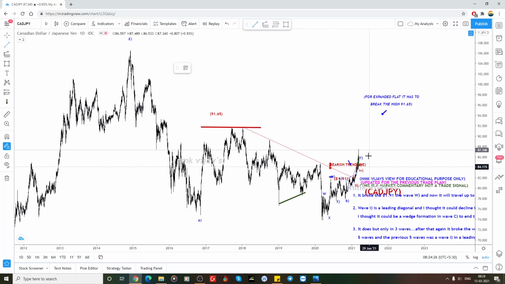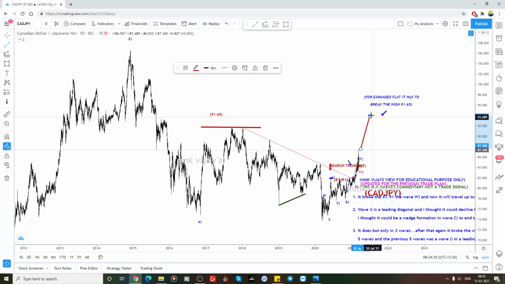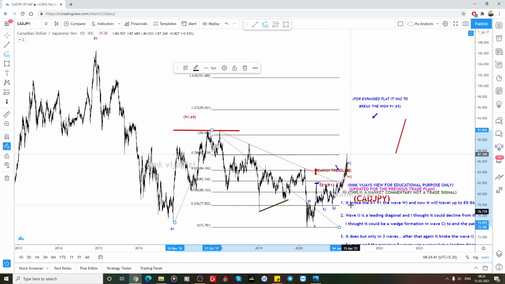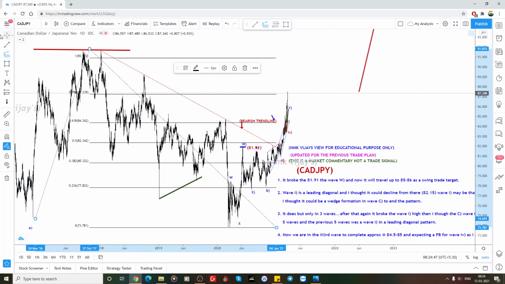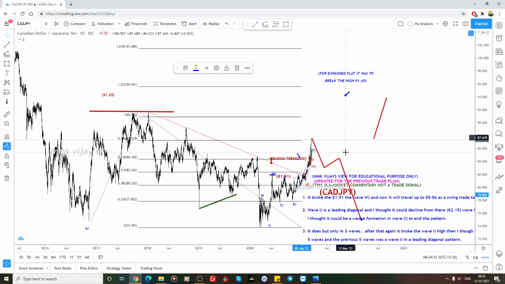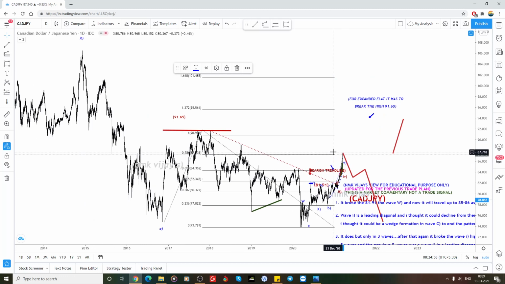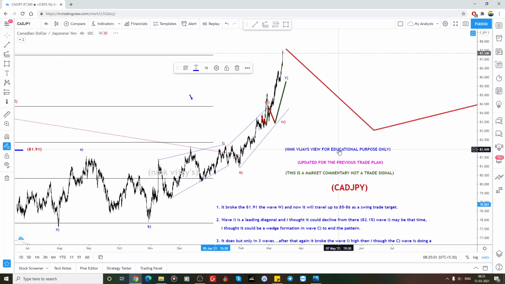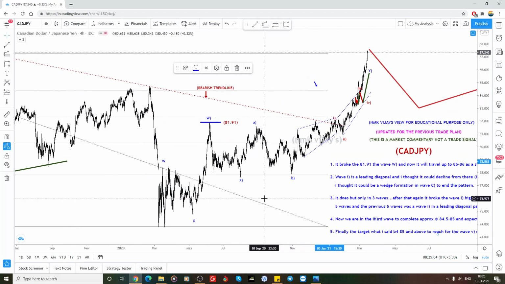If it breaks this 91, that will be considered an expanded flat, or if it didn't break that high, since it's already broken the low, this is an irregular flat formation. If we keep this as a fib expansion, exactly we are in that 78.6, so it could reverse from here also, but JPY is very weak and CAD is too strong, so in that case it may extend again also. That is why I'm looking. If it gets any clear picture in this, I will keep updating here.